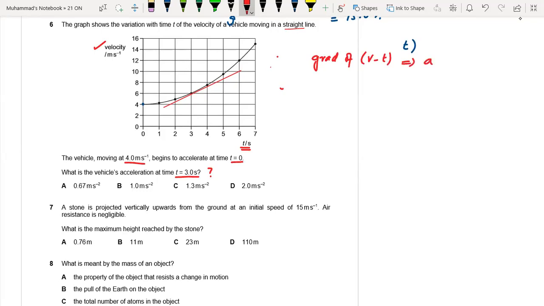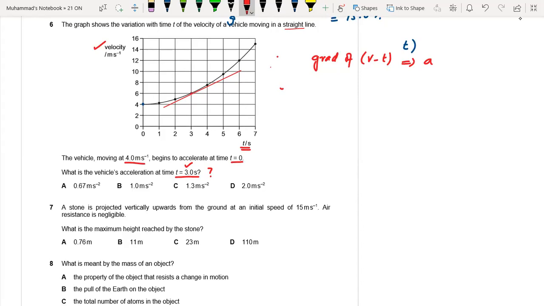And over here, we have to find acceleration at t equal to 3 seconds because the velocity-time graph is curved. So acceleration is changing, it is different at different points. That's why the time is specified, that is 3 seconds. So what we will do, we will draw a tangent at t equal to 3 seconds.